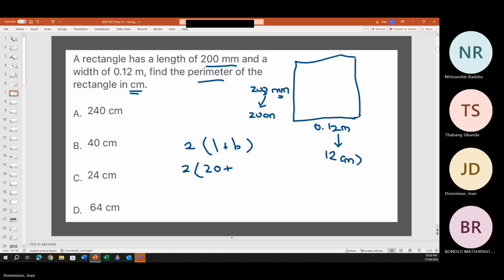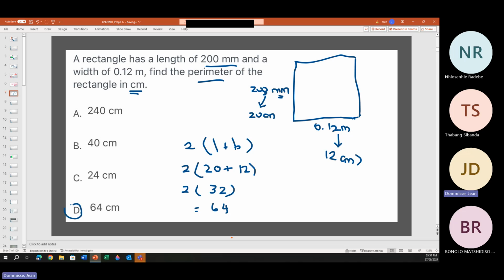When we work that out, it is 12. So then it becomes 2 times 20 plus 12, which is 2 times 32, which is 64.